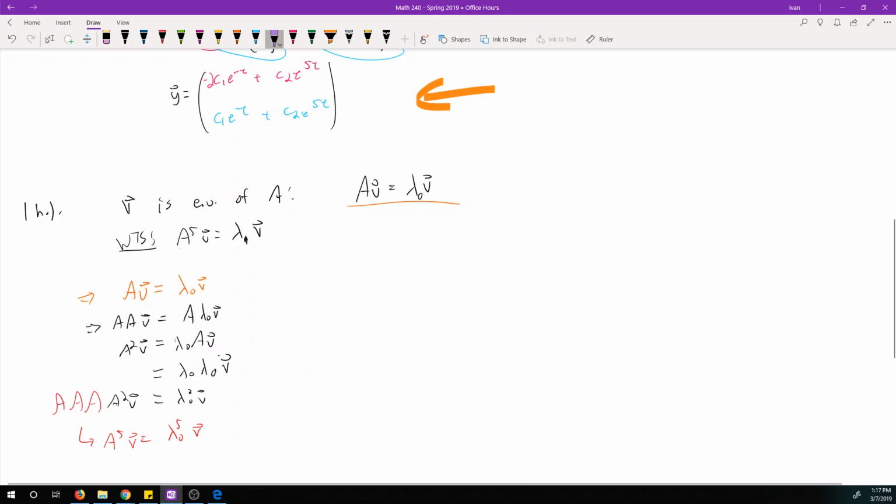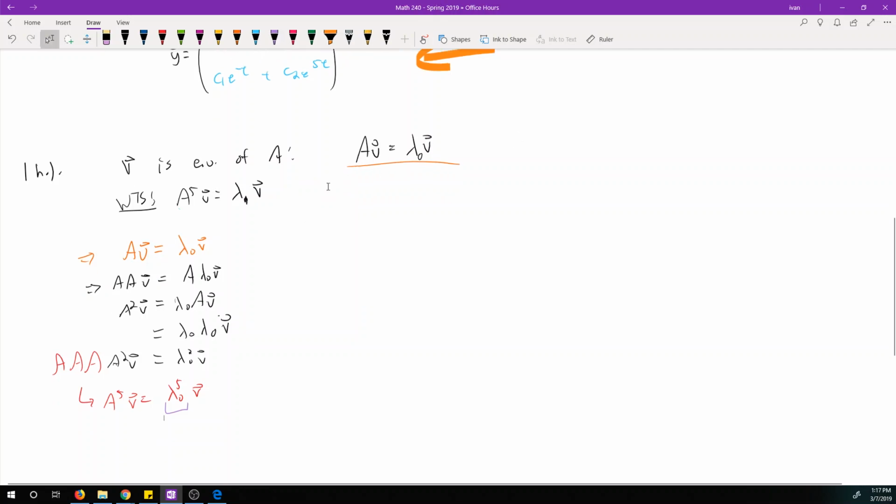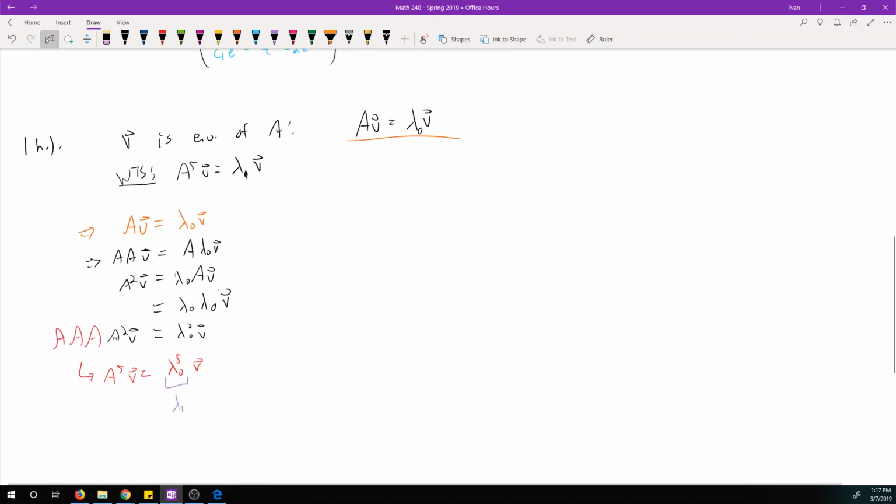Well, lambda naught to the fifth is just a scalar, some scalar raised to the fifth, so we can just give it another name, and we'll call this lambda 1. And this is the same V as before, we never changed it, so now we got A to the fifth V is equal to some lambda times V, and that V never changed. So this one should be true.